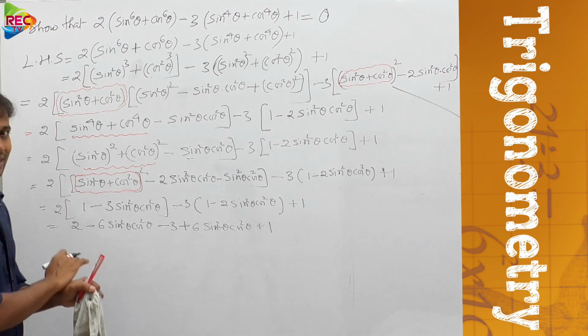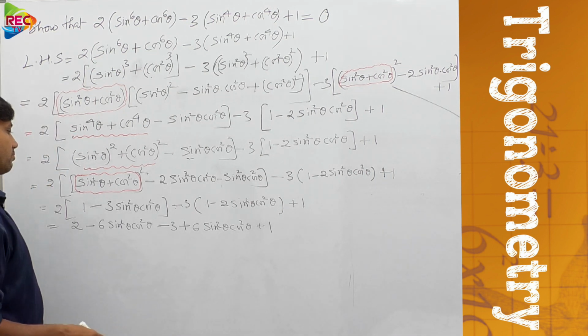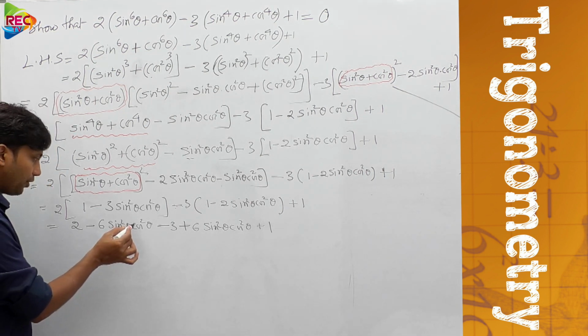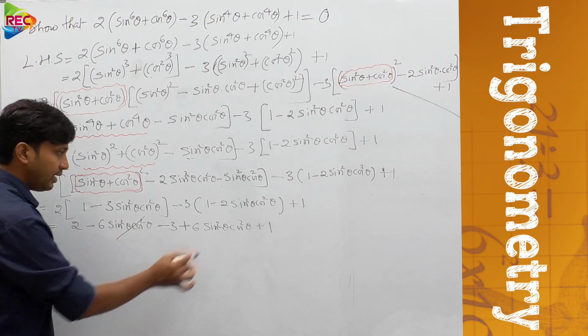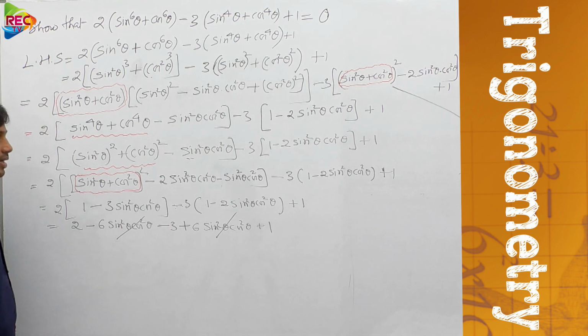Now all the brackets are simplified. Okay, just see here, if you observe, minus 6 sin square theta cos square theta and plus 6 sin square theta cos square theta are cancelled.